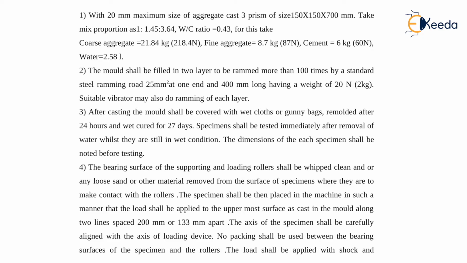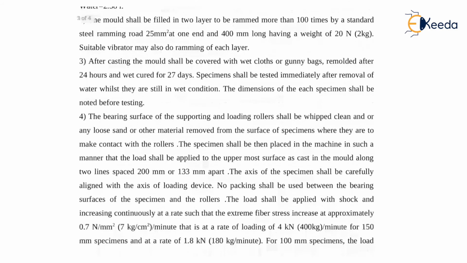The specimen shall then be placed in the machine in such a manner that the load shall be applied to the uppermost surface as cast in the mold, along two lines spaced 200 mm or 133 mm apart. The axis of the specimen shall be carefully aligned with the axis of the loading device. So it should be properly placed in position.